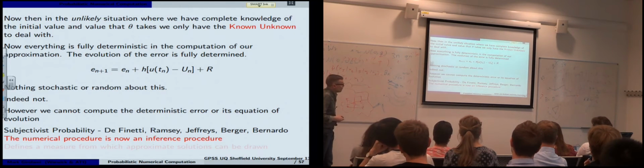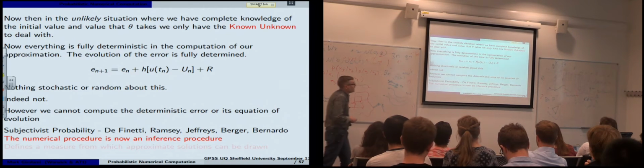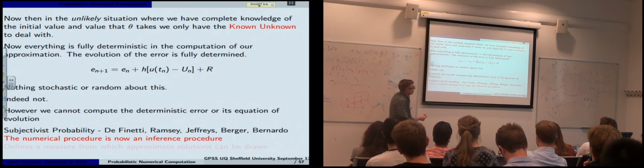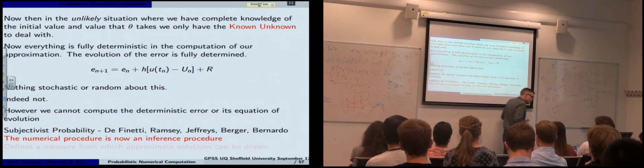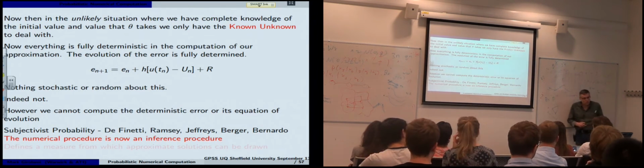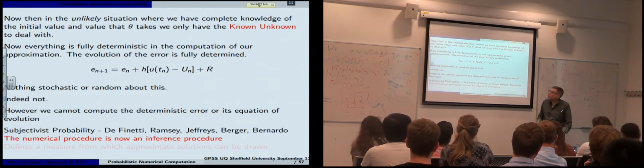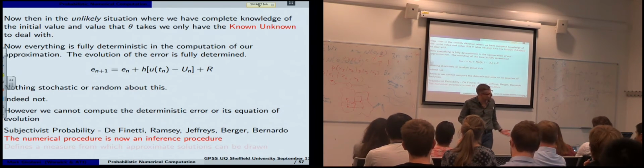And I think this example here really shows quite clearly that despite mathematically showing this is completely deterministic, the point is that we don't know what it is. We can't see anything about it. So the reason we don't know it is because we don't know un. And r is a function of u as well, because it's the higher order components of the Taylor series.